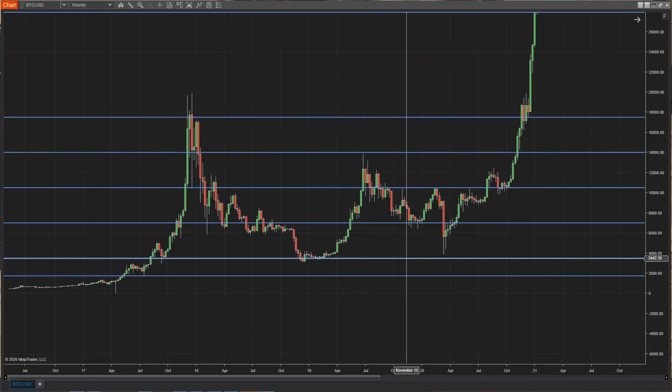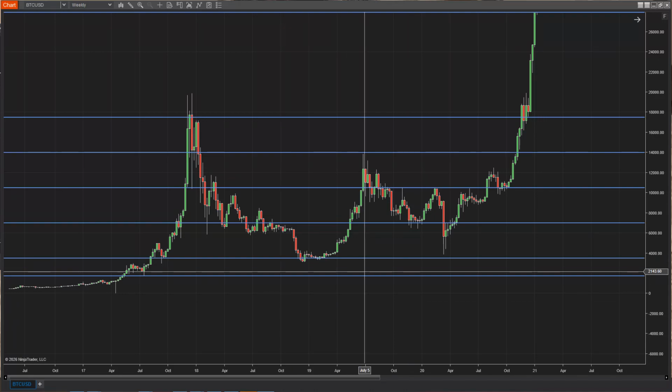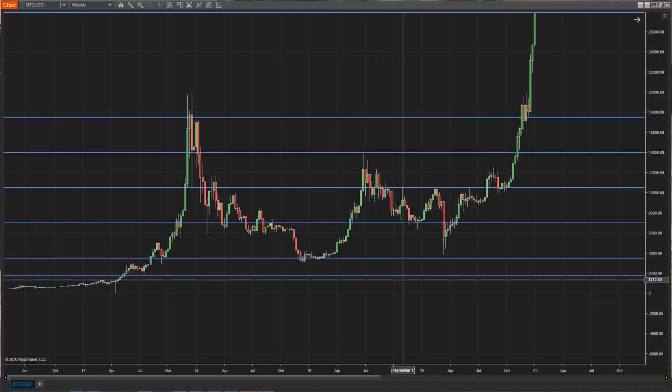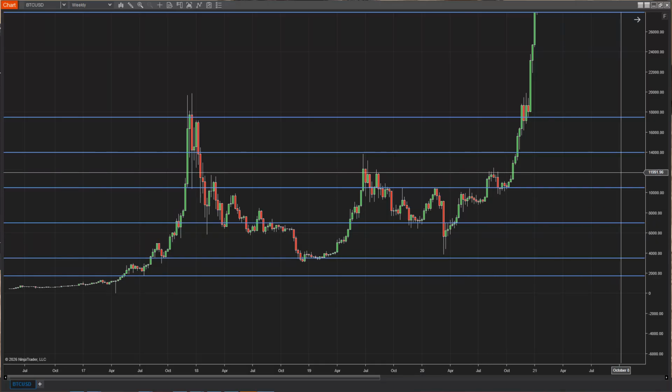So you can look at that and see how those worked. You could also plot other natural numbers in there, like in the 12,000 area.